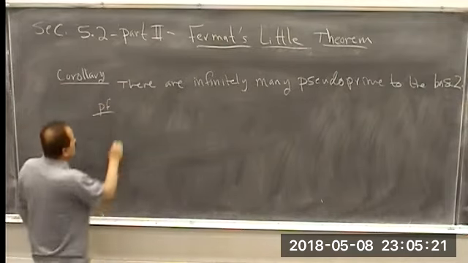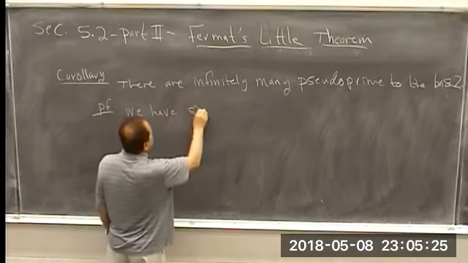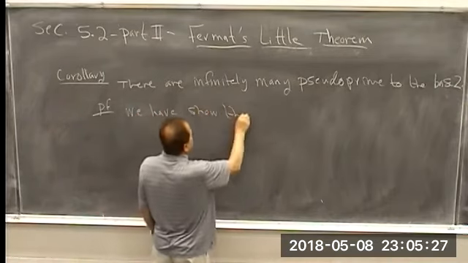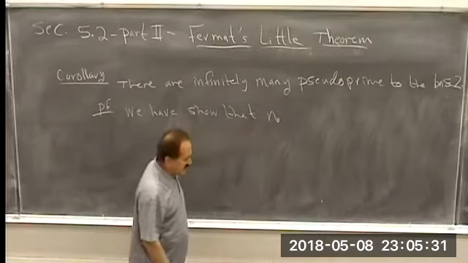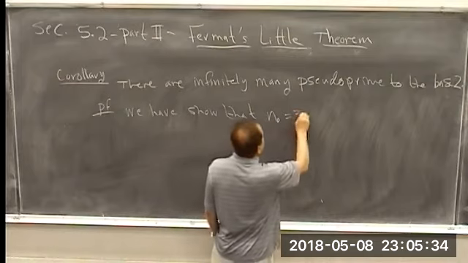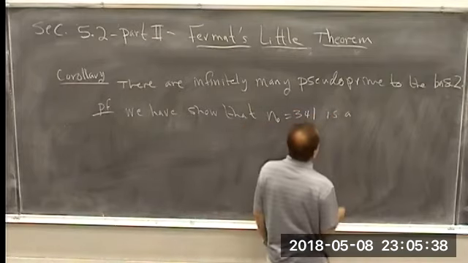Remember we have shown that n sub 0, which is 3421, is a pseudoprime to base 2.